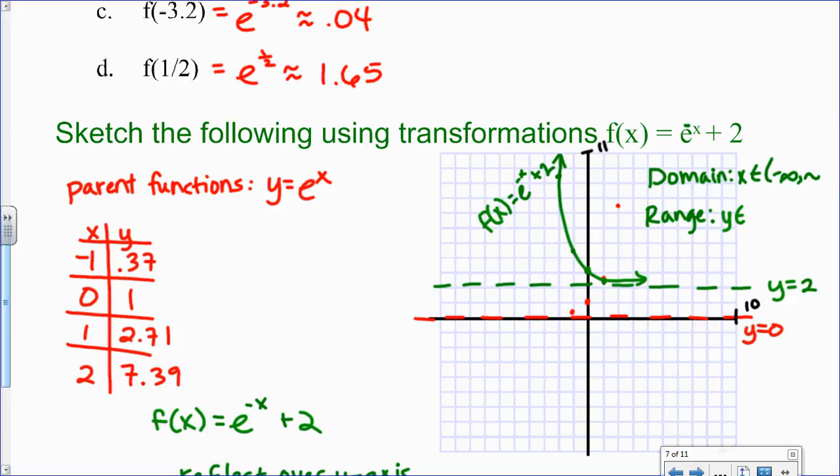Good. Reals. Negative infinity to positive infinity. And what's my range? Good. 2 to positive infinity. Parentheses on the 2. Questions about that?